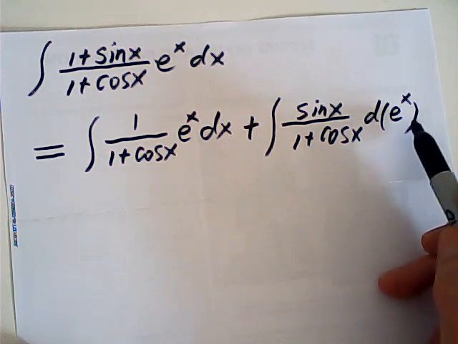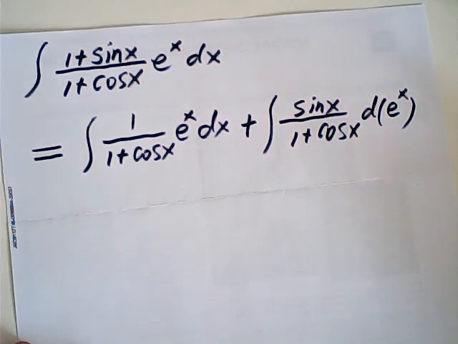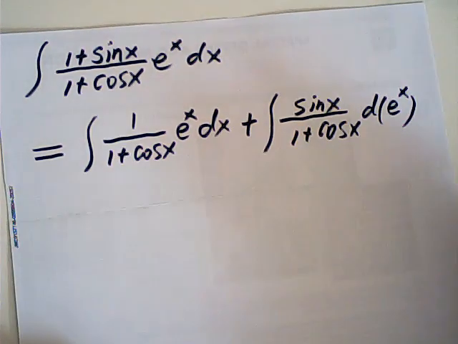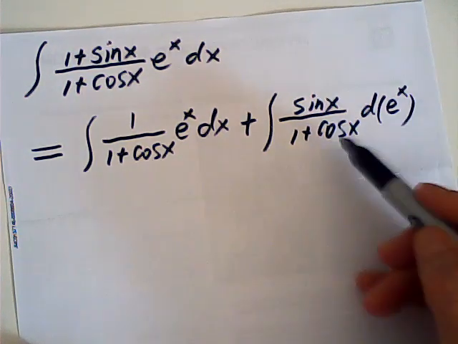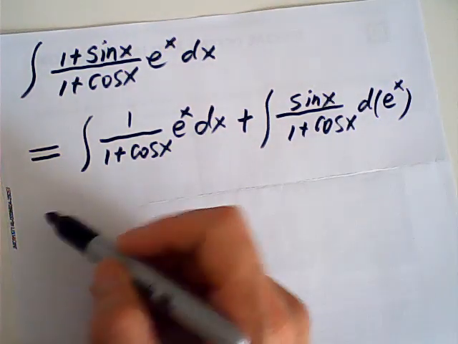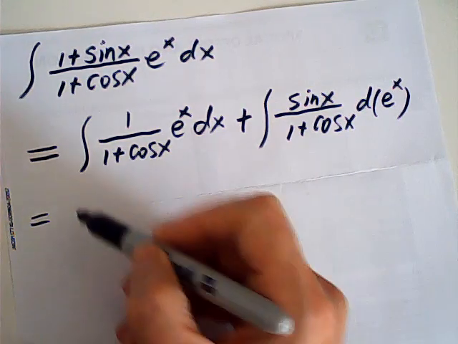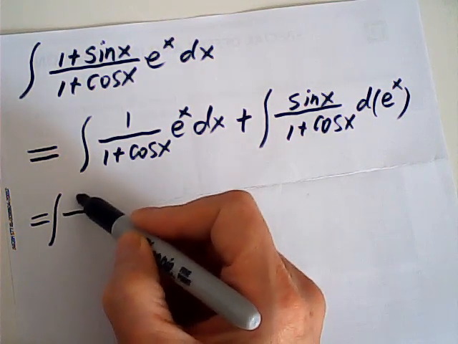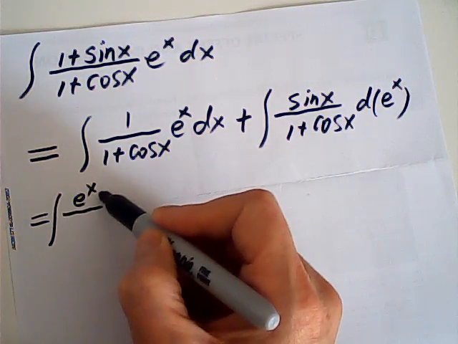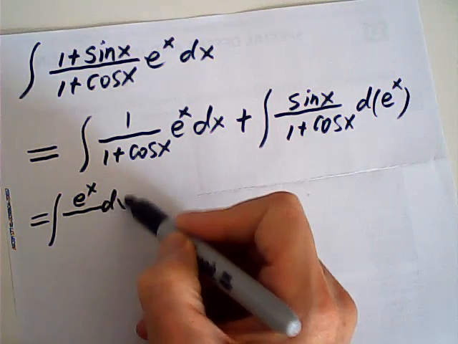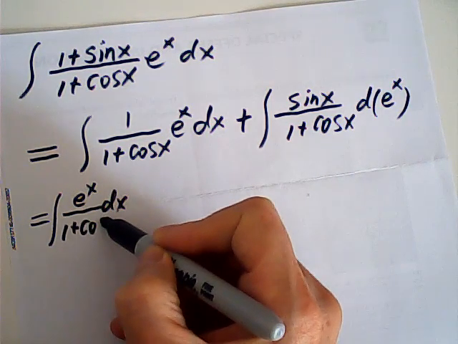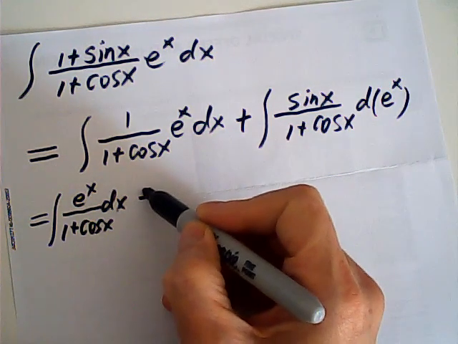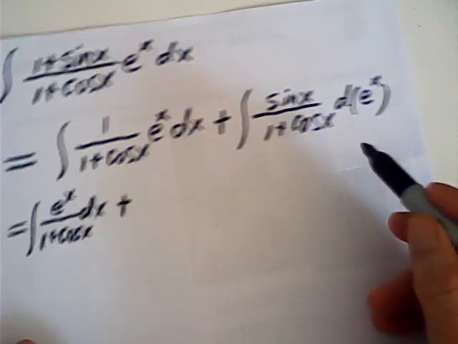That is the same thing as e to the x dx, right? The reason I'm writing it this way is because I prepare for integration by parts. So the first part is e to the x dx over 1 plus cosine x, plus, now that will be by parts, right?